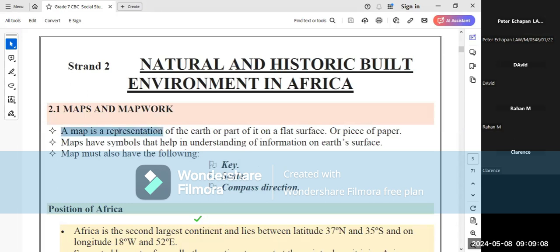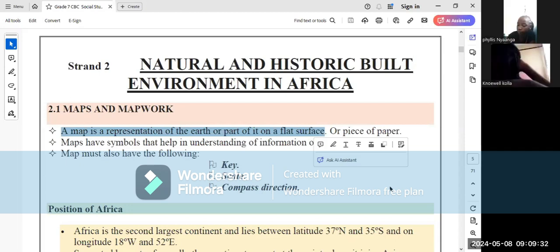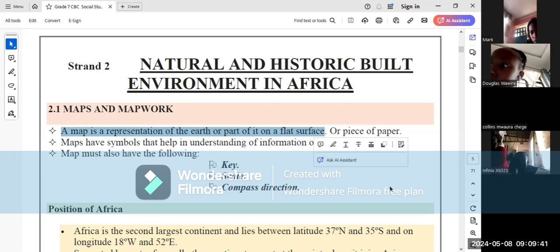Right from here, where I'm highlighting where I have reached, that is the definition of a map. So write and say, a map is a representation of the earth or part of it on a flat surface.